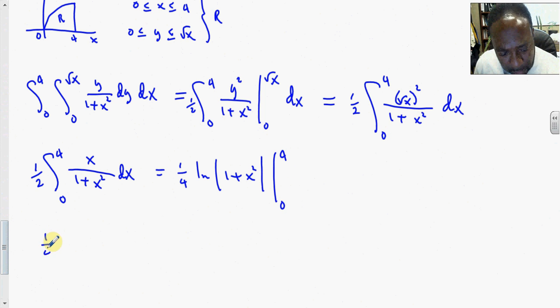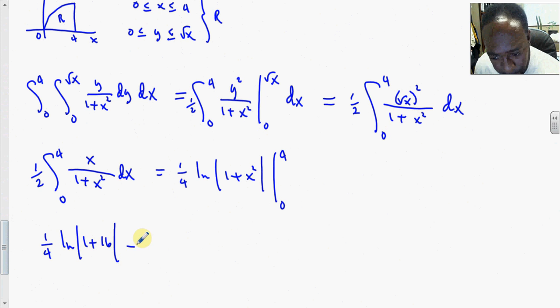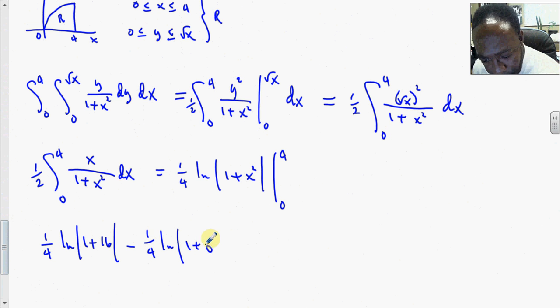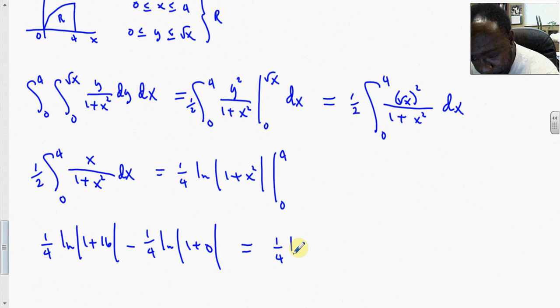So that gives us 1/4 times the natural log of 1 plus 4 squared, which is 17, minus 1/4 times the natural log of 1 plus 0. Well, the natural log of 1 is 0, so all we have left is just 1/4 times the natural log of 17.